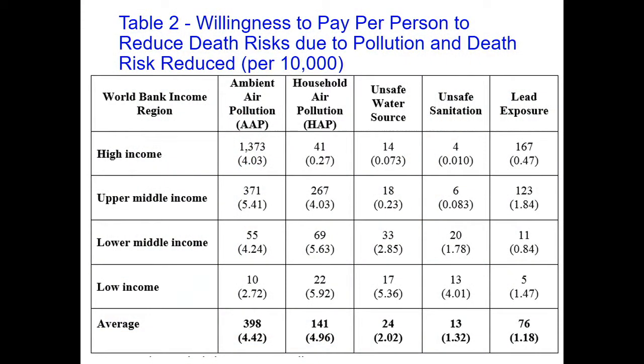What the number shows, which is a dollar figure in 2013 dollars, is actually taking that risk and multiplying it by the value of a statistical life. So it's giving you an estimate, based on our estimates of the value of a statistical life, of what the average person would be willing to pay to reduce this risk, the 4 in 10,000 risk in high-income countries, to zero.